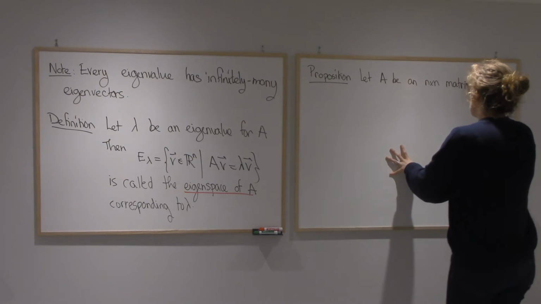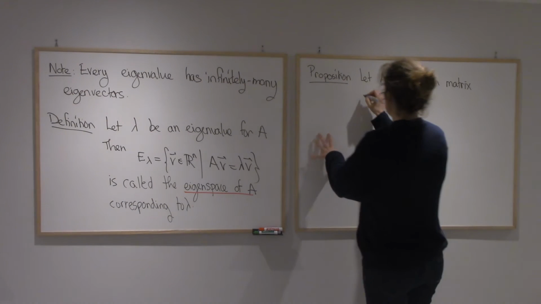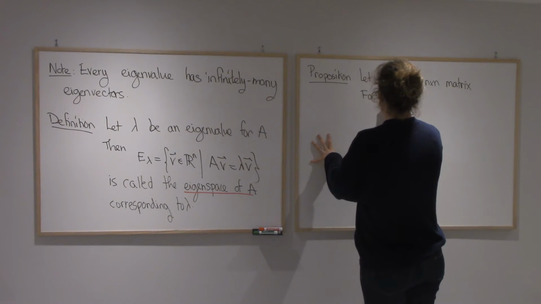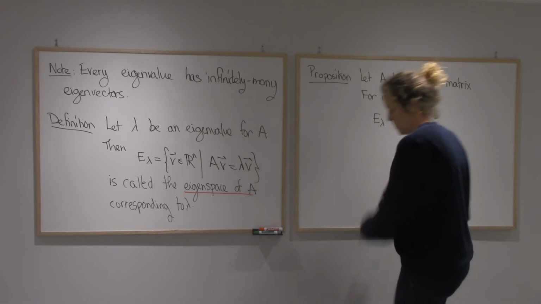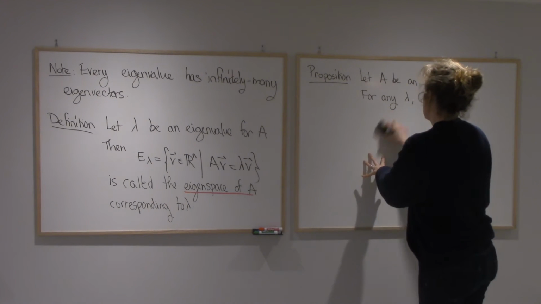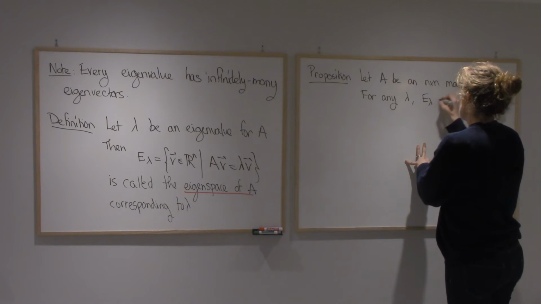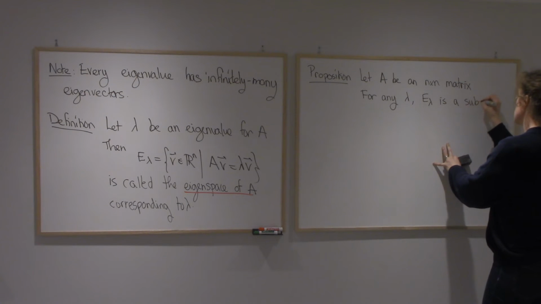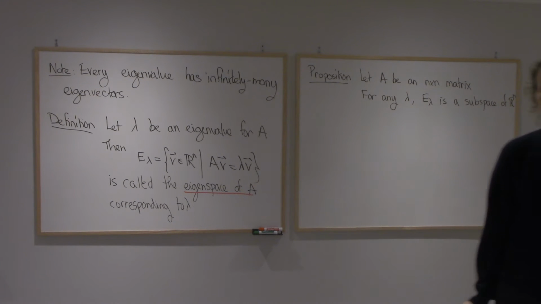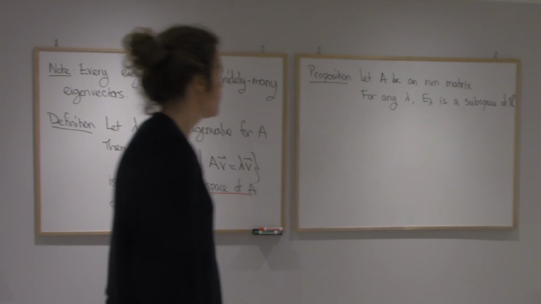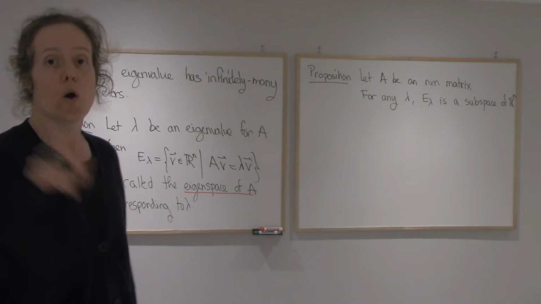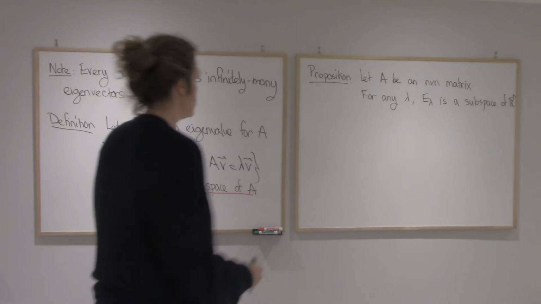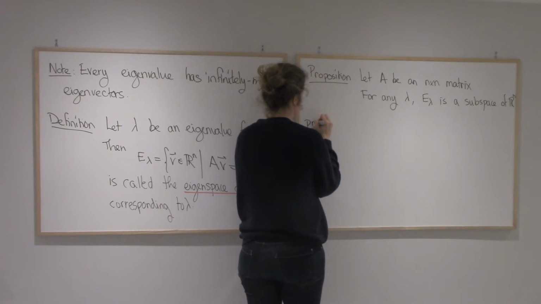So if I have an n by n matrix, it's going to be a subspace of Rn. We're going to prove it. We're going to prove the three properties as usual. So let's start.